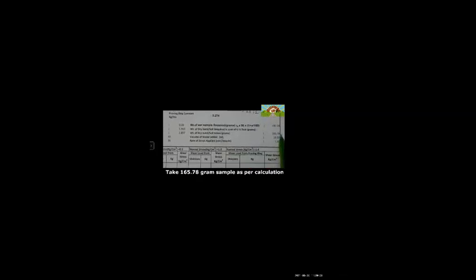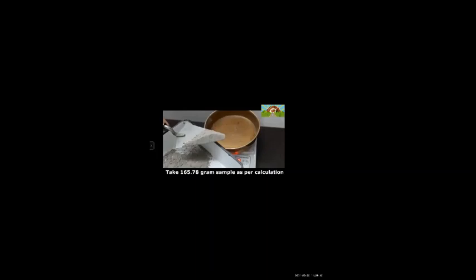Weigh the sample; it is taken as 165.78 gram. So the weight of this sample by the weighing machine is 165.78 gram.